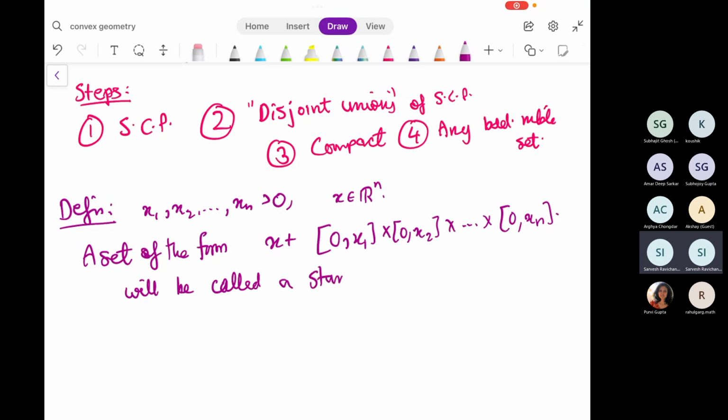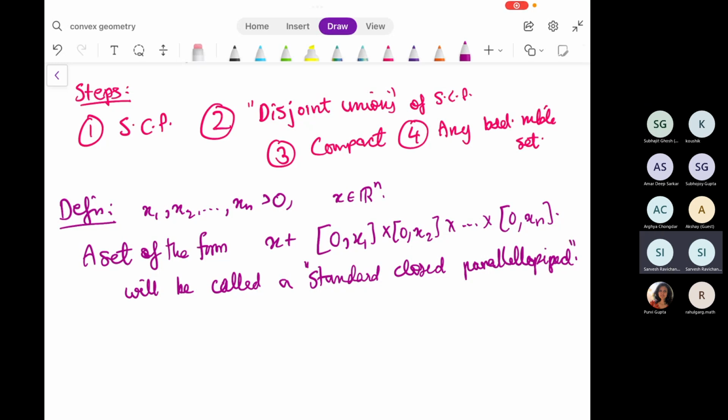The choice of words here is as follows. It's a closed set, therefore the word closed. It is shaped like a box, hence the name parallelepiped. And if you look at how it's oriented, its sides are aligned with the coordinate axes. So it's standard in that particular sense.